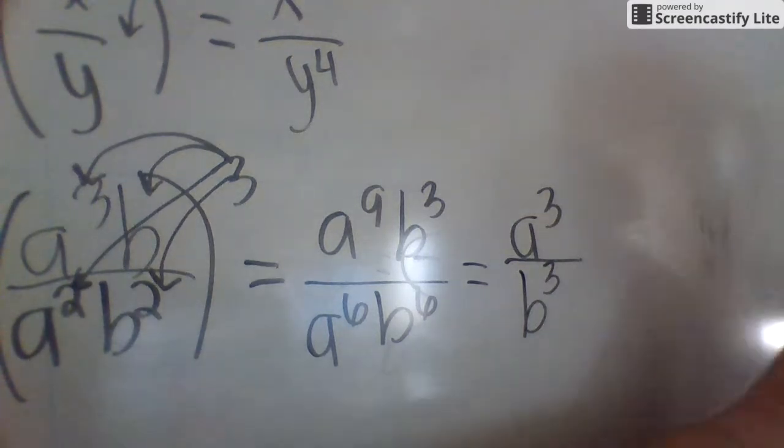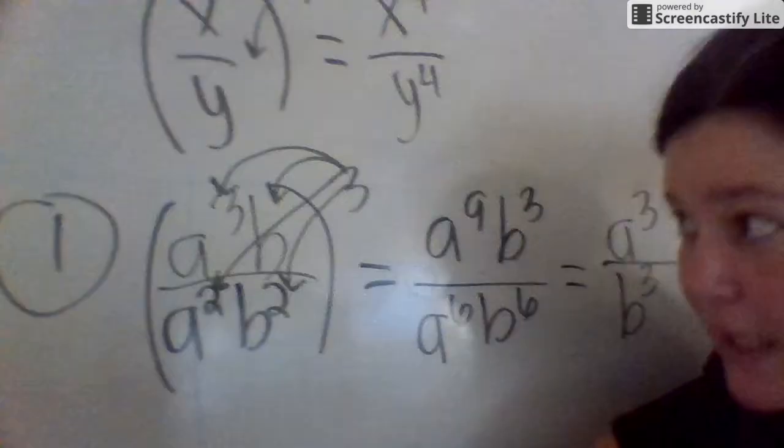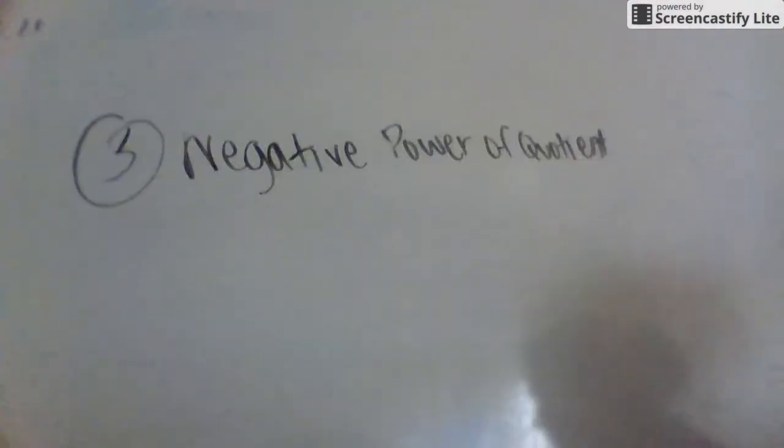All right, let's move on to negative power of a quotient property. Let me erase. So our third property is negative power of a quotient. Let's see, so you guys can see.